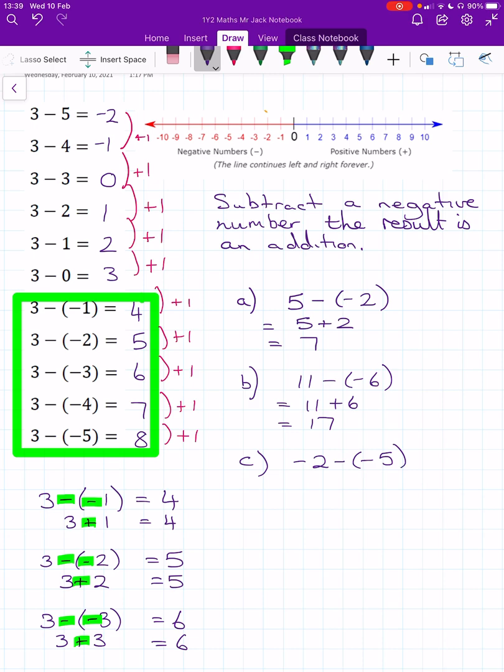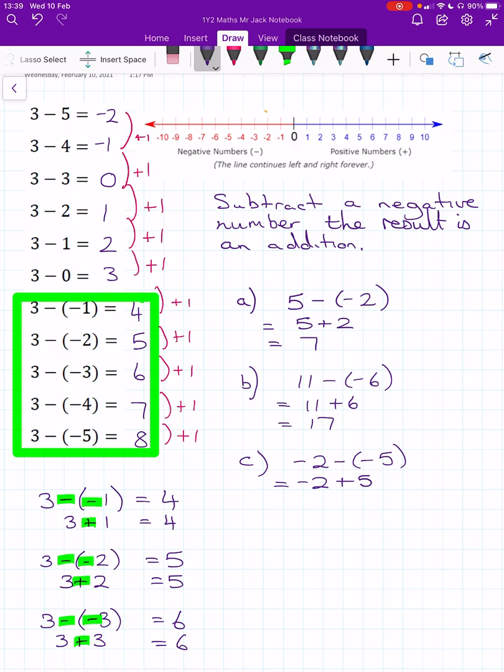And last but not least, let's do negative 2 subtract negative 5. Now, there's quite a lot of negatives going on there. But remember that negative 2 isn't changed. That's just the starting point of our calculation. When we subtract a negative number, we create an addition sum. So that's going to be plus 5.